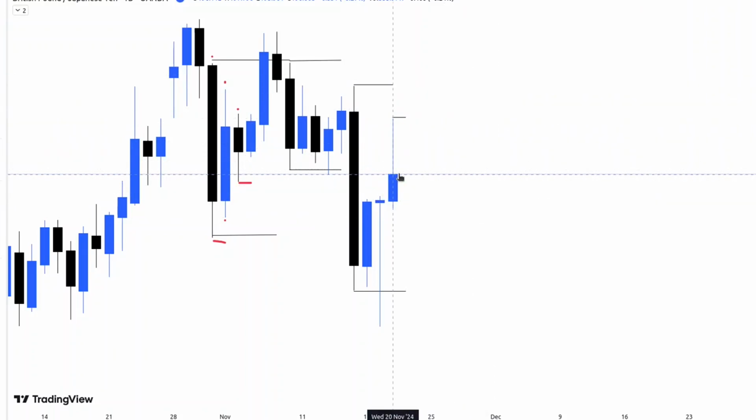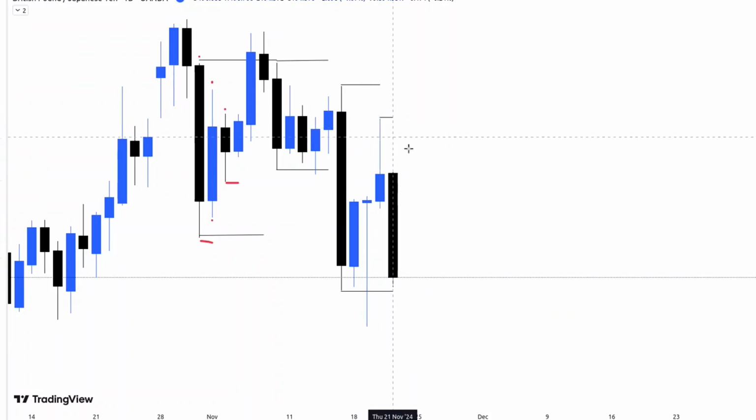As you can see, this candle closes below 50% range of this candle, so it's unlikely for price to take out this area, this high here, but our narrative will be for this next candle to sweep this high because we have a closure above this high of this previous candle.